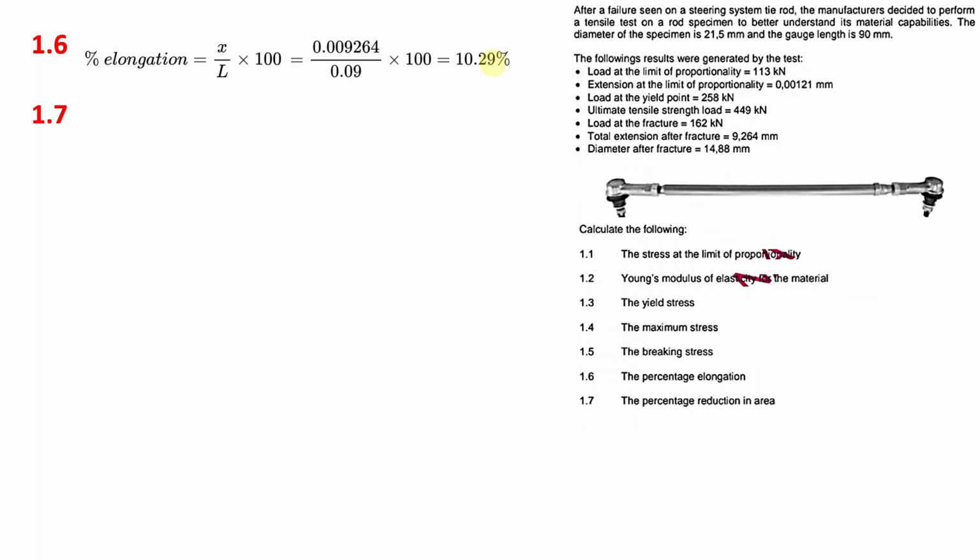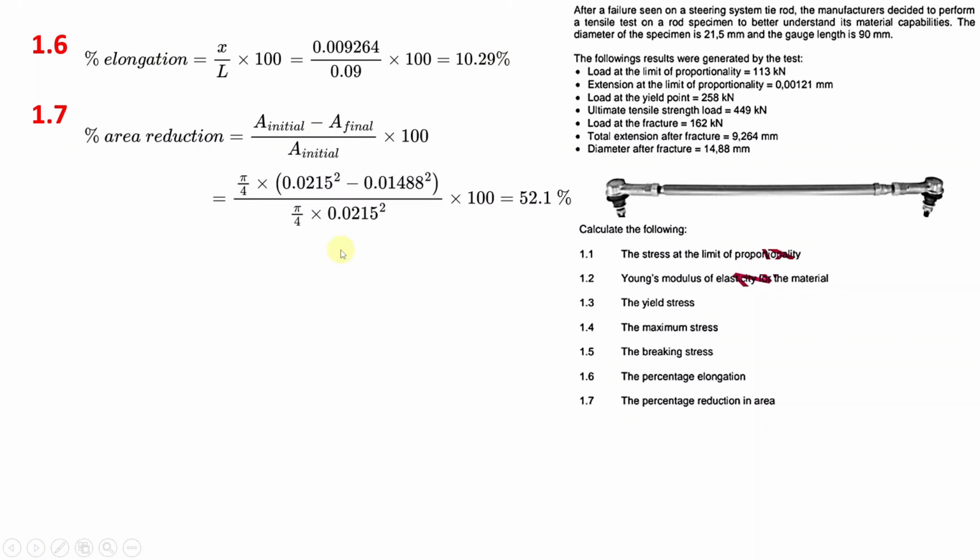For question 1.7, what we need to find is the percentage reduction in area. And so that is equal to the initial area minus the area after fracture divided by the initial area, and multiply it by 100. This is what it is.